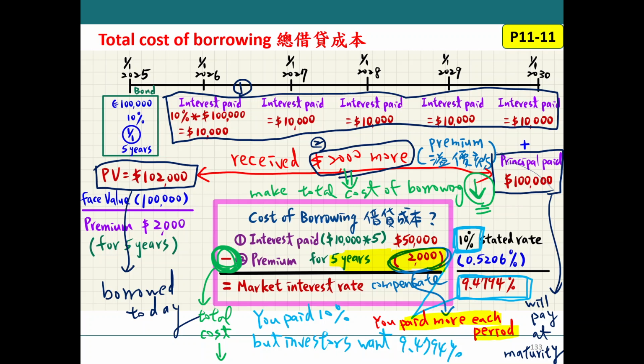Remember, for issue at premium, you got $2,000 more, which makes your total cost decrease in order to meet the market interest rate. Our purpose is to find out how the $2,000 is spread over 5 years, how much for each period.